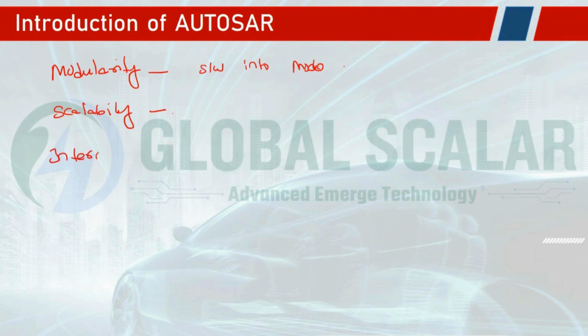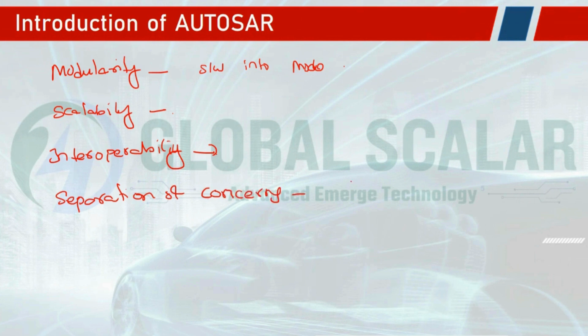Next, we have interoperability. Interoperability talks about how different components from different manufacturers can work together simultaneously. And next we have separation of concerns.